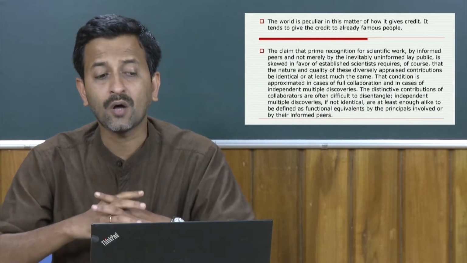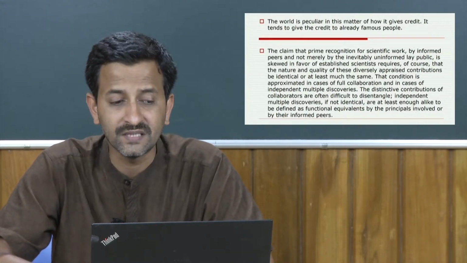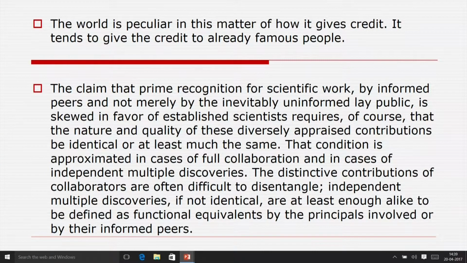Then we discussed how the claim that prime recognition for scientific work by informed peers, and not merely by the inevitably uninformed lay public, is skewed in favor of established scientists requires, of course, that the nature and quality of these diversely appraised contributions be identical or at least much the same. Such a condition is approximated in cases of full collaboration or independent multiple discoveries, which we have already discussed in the context of the controversies between Newton and Leibniz.